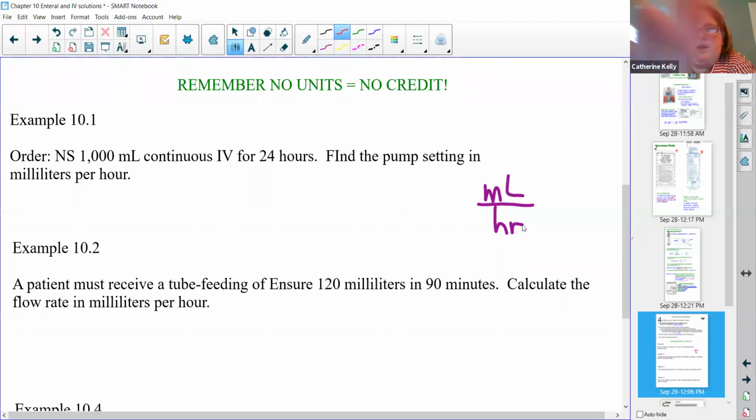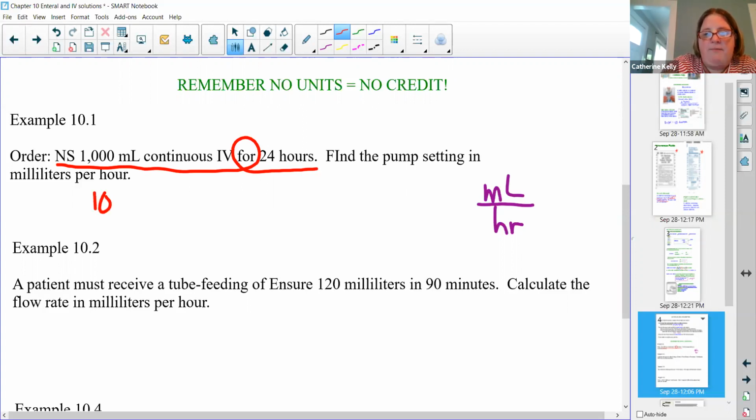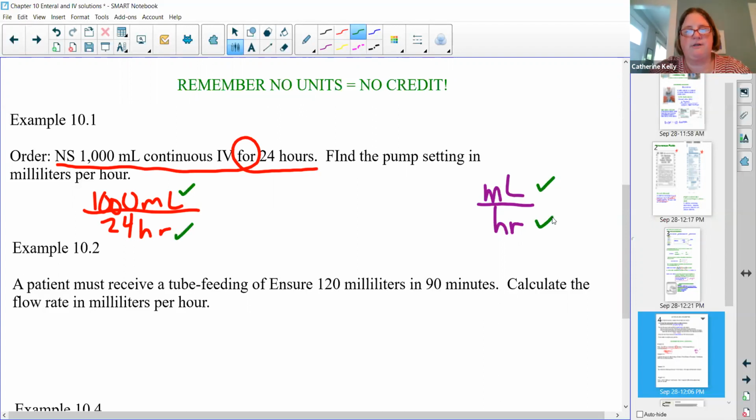So when I look, I'm going to underline something that will match 1,000 milliliters for 24 hours. So that's one fraction that goes together, and 1,000 goes on top because milliliters is on top of my answer, and 24 hours goes on bottom because hours are on bottom in my answer. Then I look and I say these labels match these labels, so I can do my calculations.